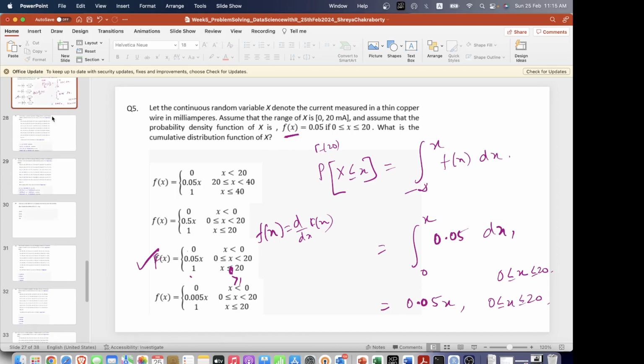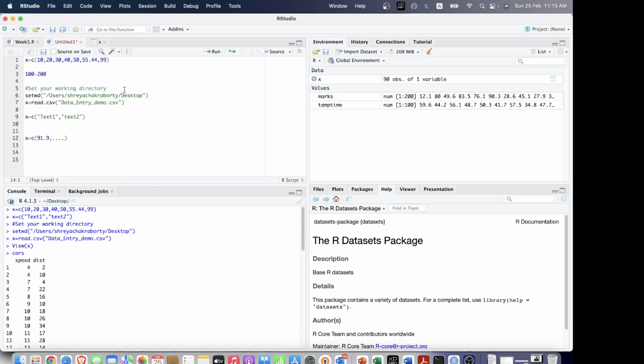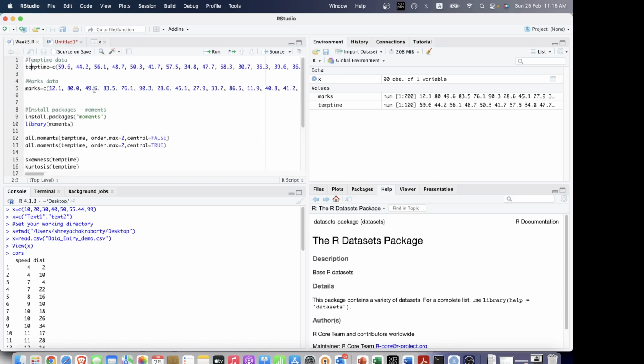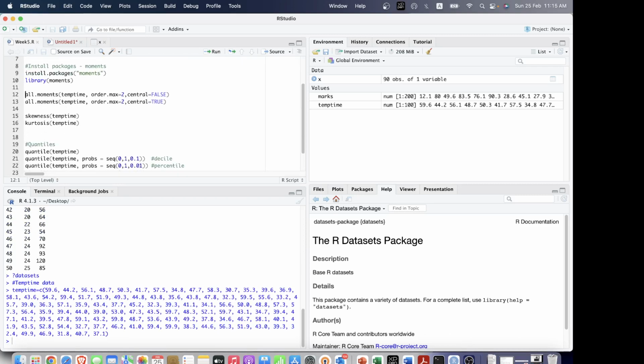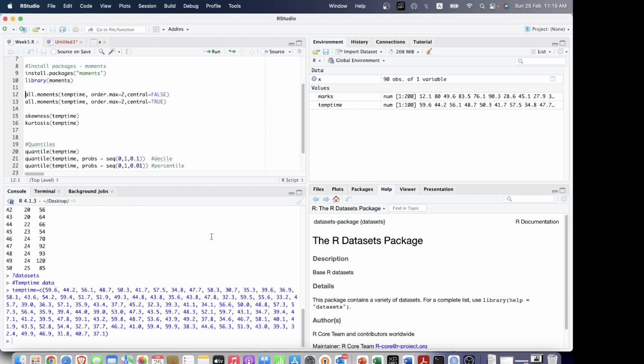Alright, so here, okay, I have been given this bigger data frame and I have to find the second and fourth raw moment of this temp time. So I have already entered the values over here in this temp time data. So if I have to find the second and fourth raw moment, can you see my RStudio screen? Yes.